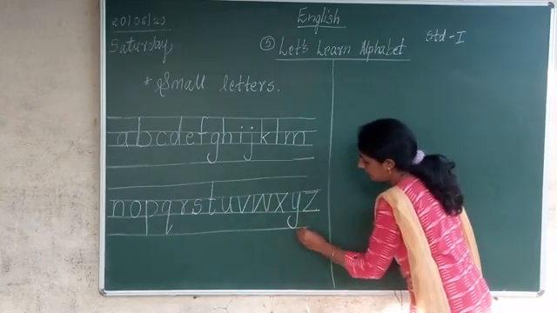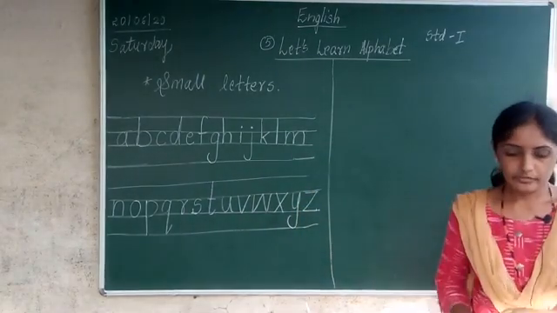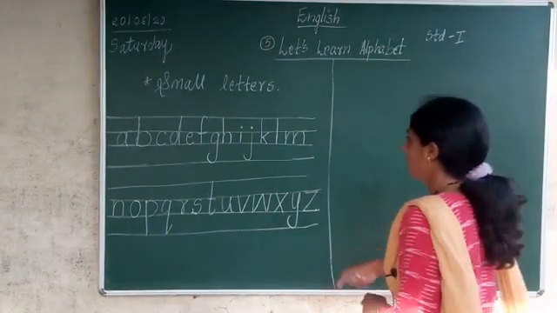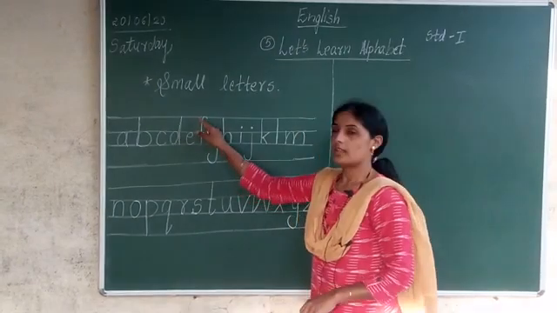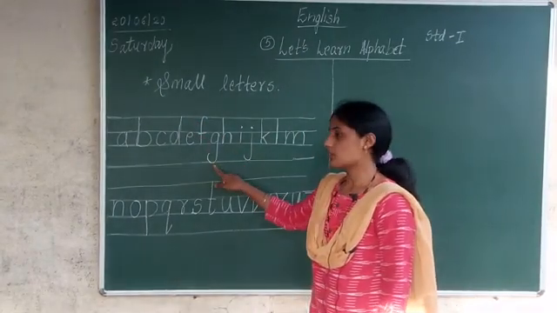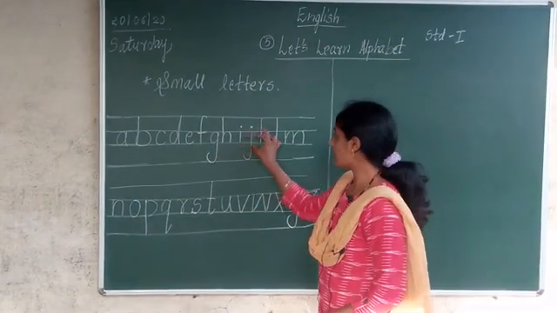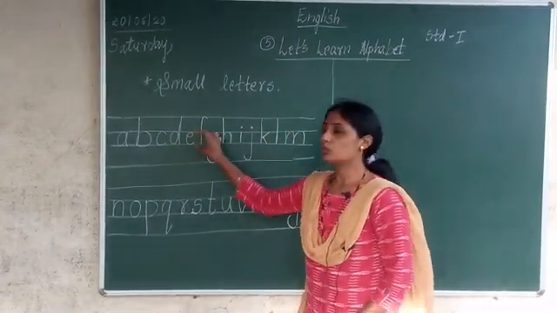Now just see how it looks when we have written letters from A to Z. There are some letters which are touching the first line. There are some letters which are touching the fourth line. And there are some letters which are not touching anywhere, correct? They are just in the middle two lines.